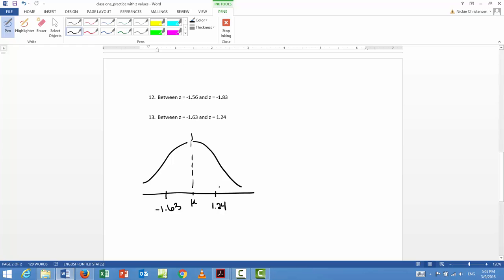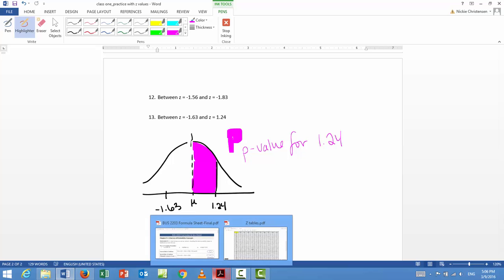If we look up 1.24 in the table, we're going to find its p-value, and its p-value represents the area that I'm shading in pink. That will be the p-value for 1.24.